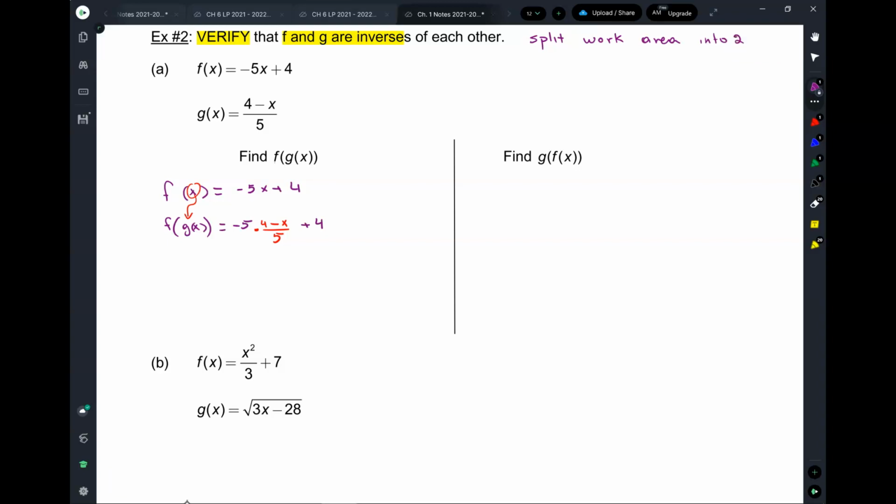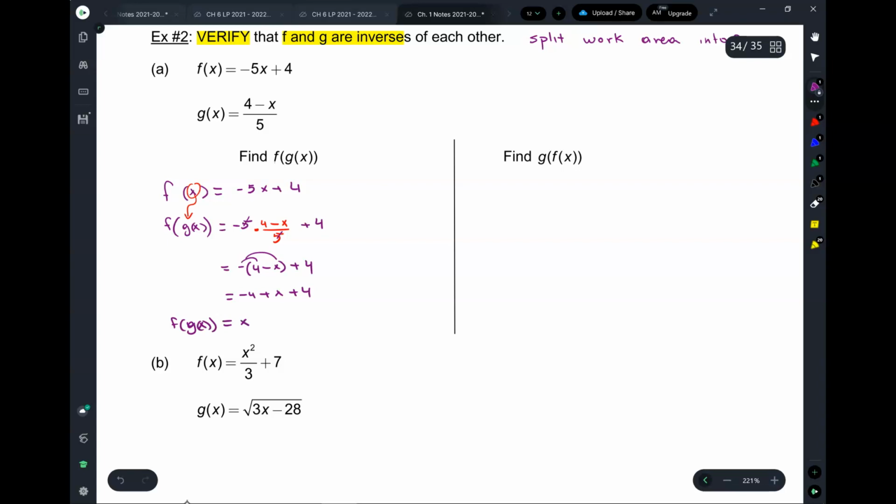Now something magical will happen. These will cancel. So you have negative 4 minus x plus 4. Well, it's negative in parentheses. And now when you distribute, negative 4 plus x plus 4, which gives you what? Just an x. It all goes away and you're left with an x.